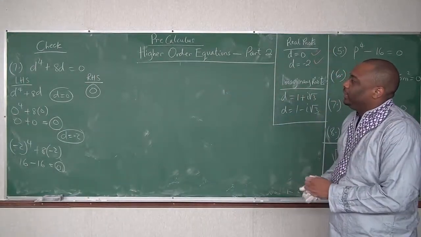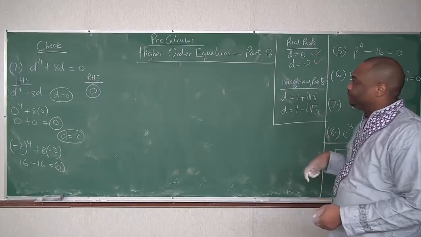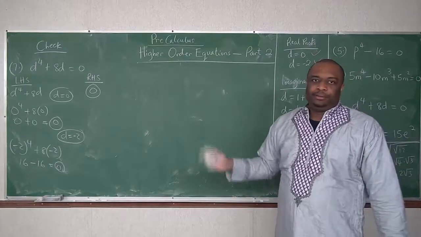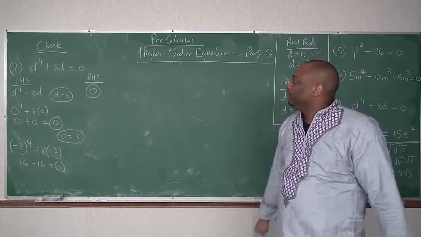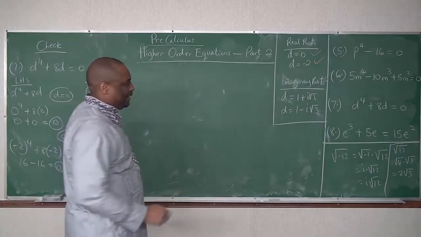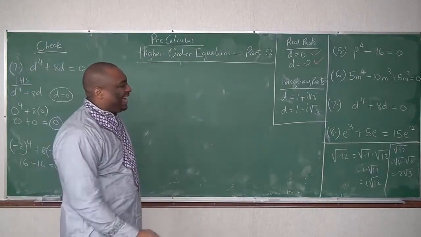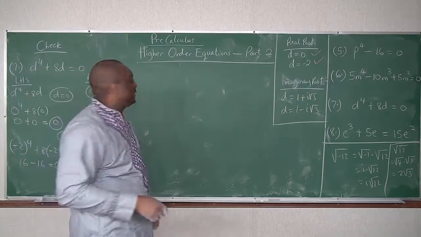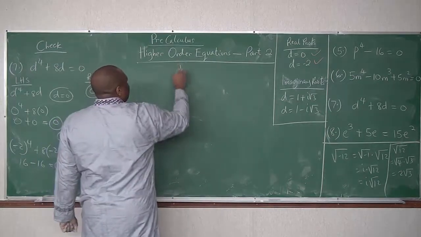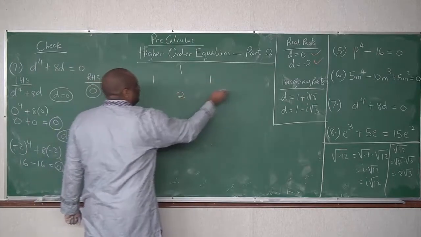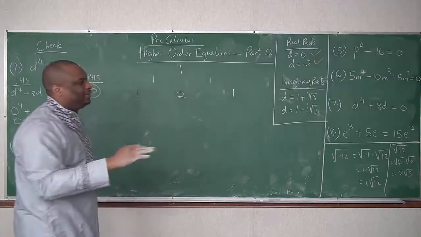Now let's check for the imaginary roots. 1 plus i square root of 3, all exponent 4. Come on now, I have to simplify my life, and I have to make this video short. So I'm going to just use this, okay? You can just do it the way you know it, just expand everything.